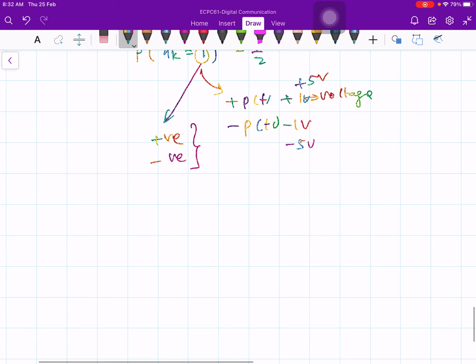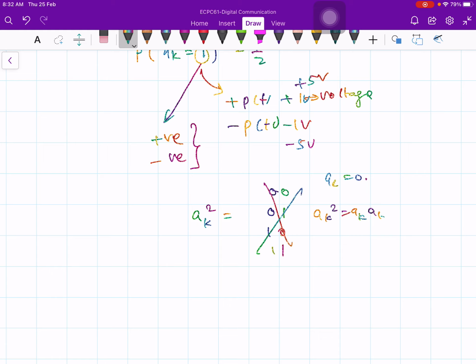Therefore when you substitute a k squared, I can have the 4 combinations: 0 0, 0 1, 1 0 and 1 1. So a k can take 0 or 1, therefore a k squared is equal to 0 squared and 1 squared.